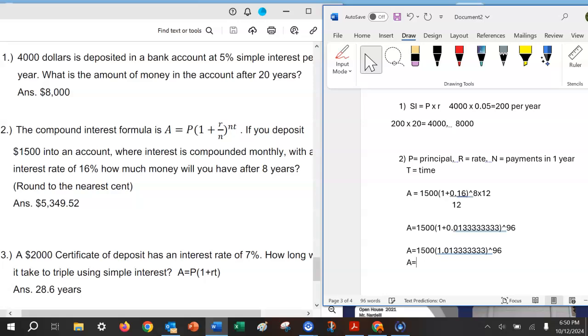Now, it seems like that number to the power will be big, but it's really not going to be as big as you would expect. So I'll get my calculator, turn it sideways, 1.01, and I'm just putting a whole bunch of threes in it because it's actually infinite.